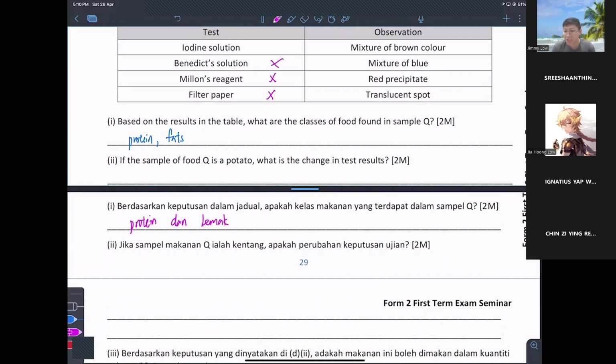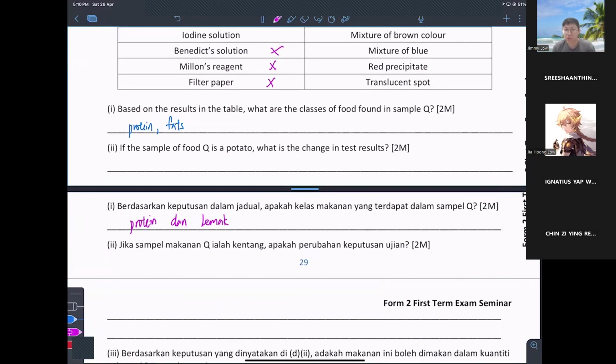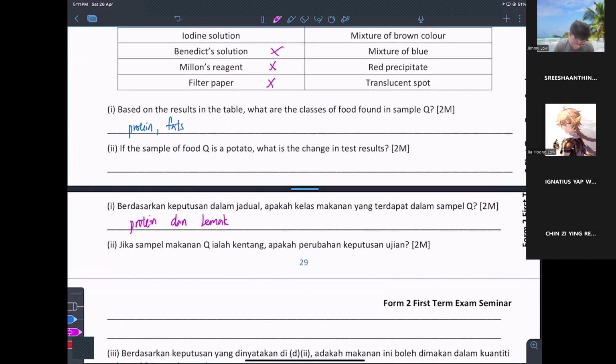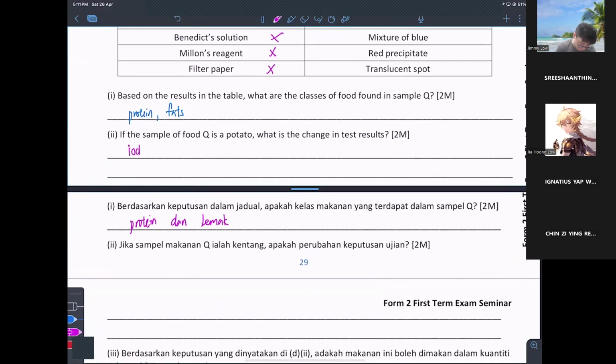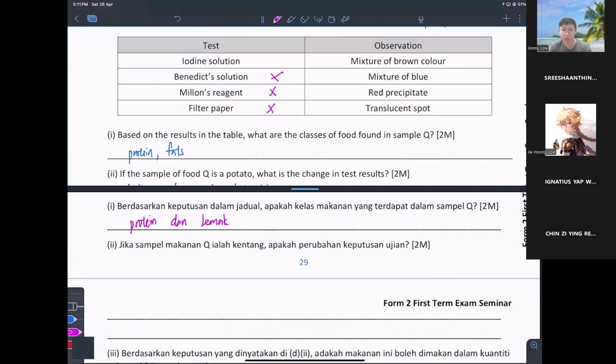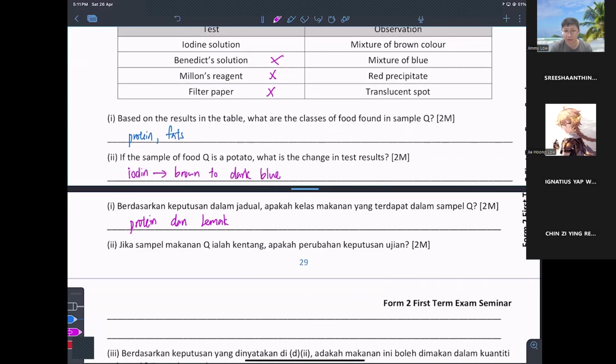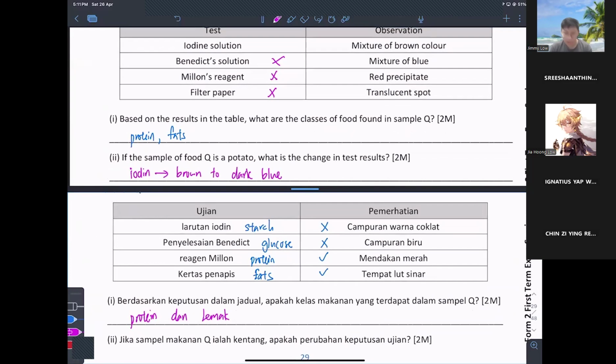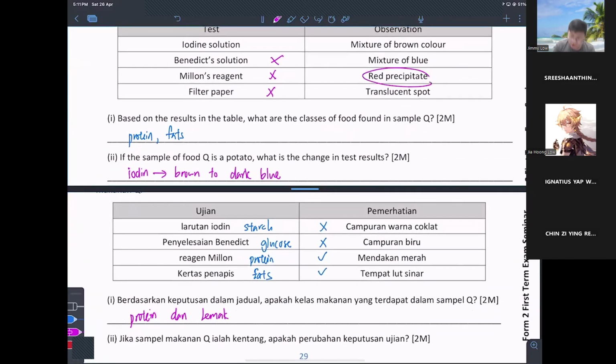Potato contains starch. So you can say the change here is the iodine is going to change from brown to dark blue. In BM, biru tua. But if you just talk about iodine, it's not enough, because we still have other changes. Your original change is with red precipitate, but now you are changing it to potato.